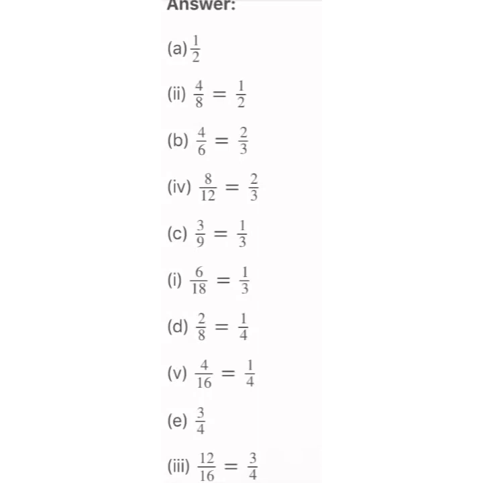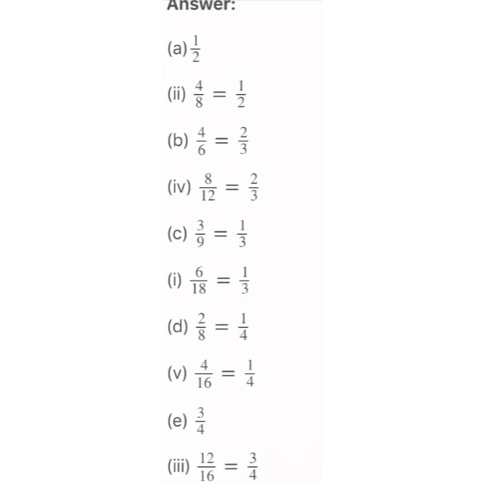Now see the third one. Here children we have 3 by 9. Now we have to find out a fraction equivalent to 3 by 9 in the second row. Yes, it is 6 by 18, which is the first one, and when we reduce it into lowest form we get 1 by 3.